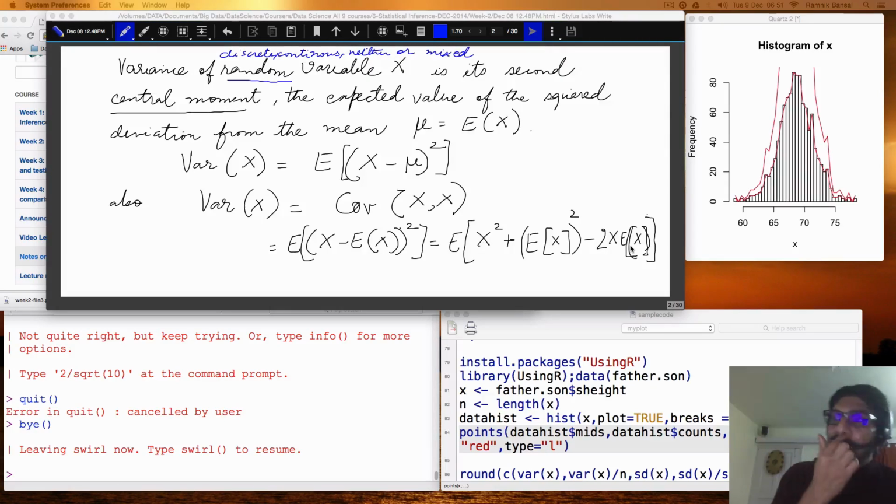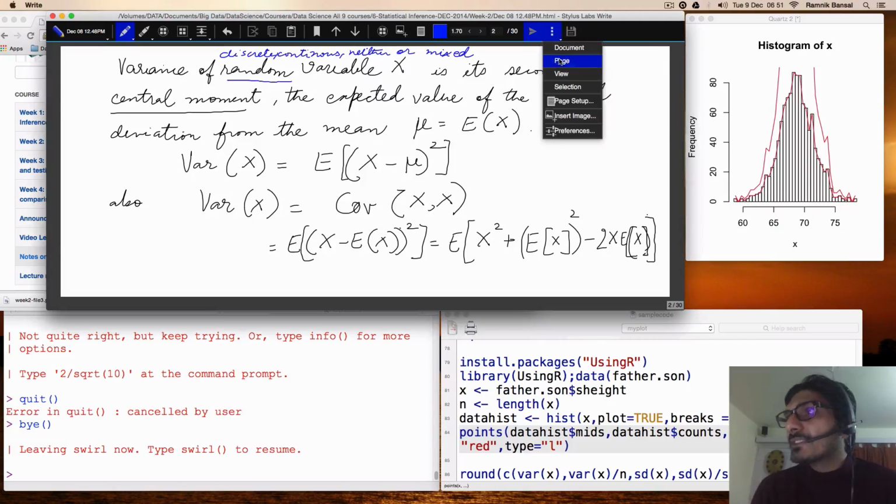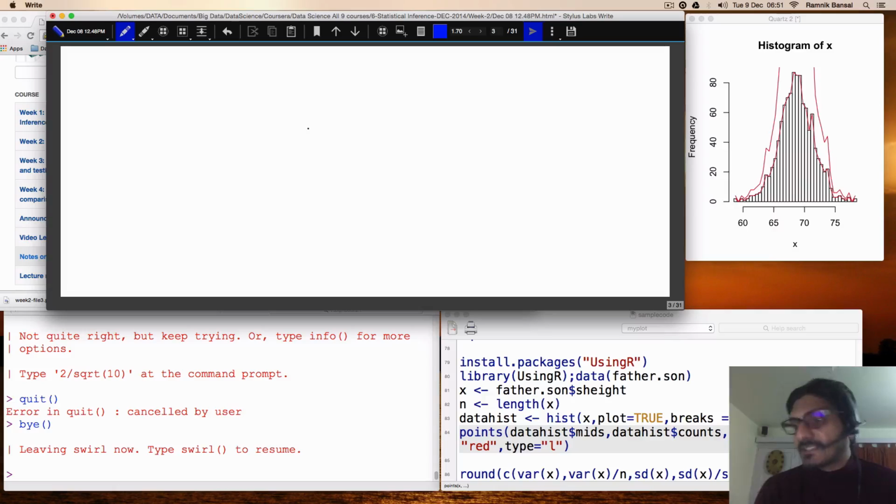Now let's understand what we mean by expected value. Conceptually, this should be very clear to you. What do you mean by expected value of x? X is a random variable. Let's say x has been drawn, so x is basically some sample of size n.